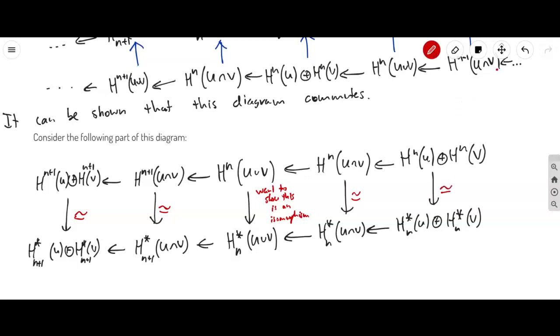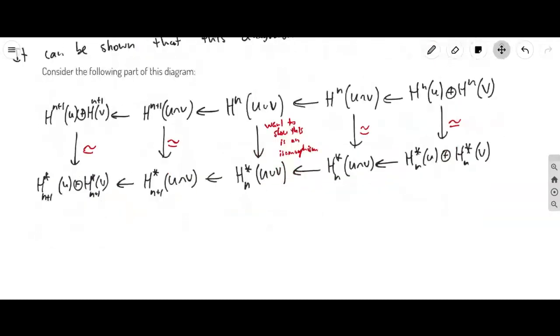And we want to show that the one in the middle is an isomorphism. It's a linear map because it's a map between vector spaces. The map in the middle is an isomorphism by using diagram chasing. It is not hard, but tedious.